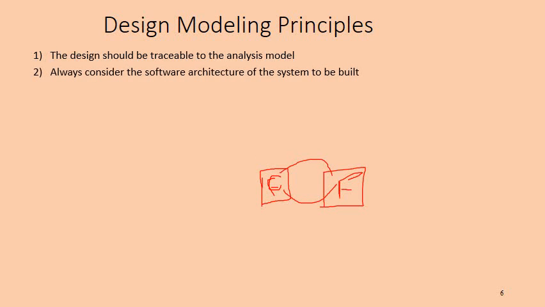Second is, always consider the software architecture of the system to be built, right? Software architecture is basically the skeleton of the system which you are going to build. It affects the user interfaces, it affects data structure, it also affects program control flow and the behavior, and the manner in which testing can be conducted.